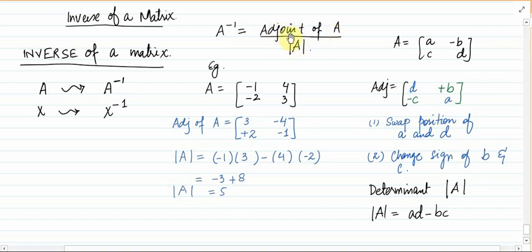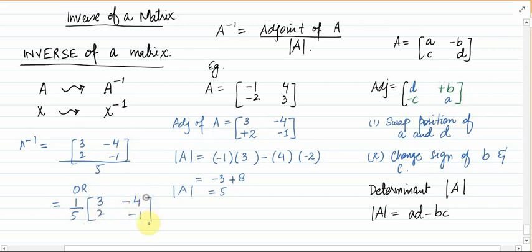We need to substitute these two in the inverse working formula. So A inverse is equal to the adjoint, which was 3, 2, -4, -1, divided by the magnitude, which is 5, or you can write it in this form, 1 upon 5 times the matrix 3, 2, -4, -1, and that is your answer for the matrix inverse, right?